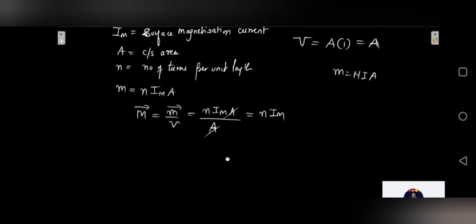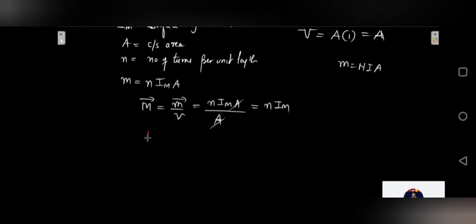So if you consider the field which is generated due to magnetization, what was the formula? Mu naught into N into Im. So from here N into Im can be substituted as M, the intensity of magnetization.